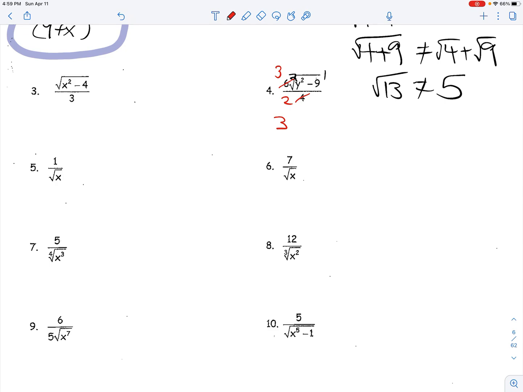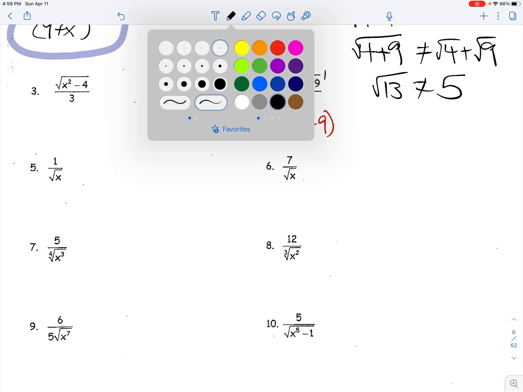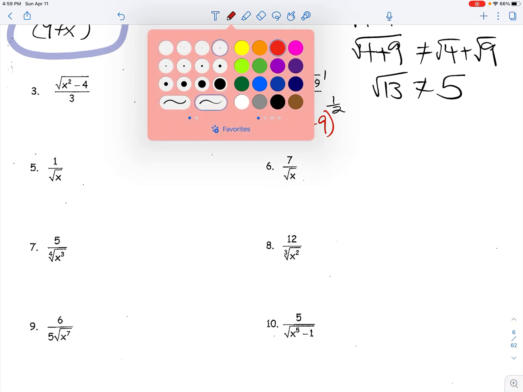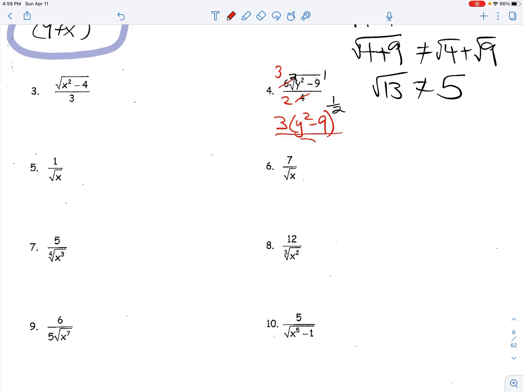And just turn that square root of y squared minus 9 into a fractional exponent. So we're going to make that 3, and then we have that quantity y squared minus 9, a reverse power over root now, so that's going to be raised to the 1/2 power, and then all over 2.